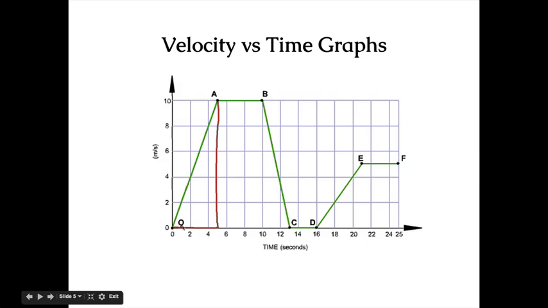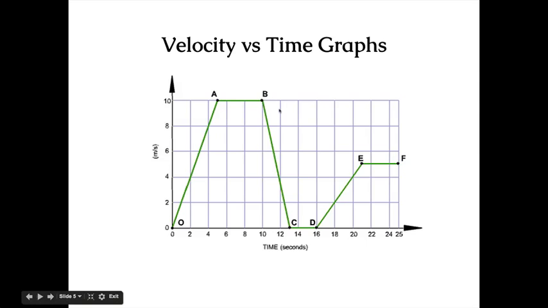In 5 seconds, it went to 10 meters per second. So we'd have 10 divided by 5, and we'd get a value of 2 meters per second squared. That would be the acceleration from point 0 to point A. From point A to point B, the acceleration is 0 because the velocity is constant.